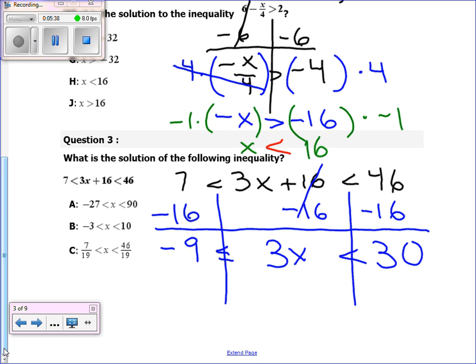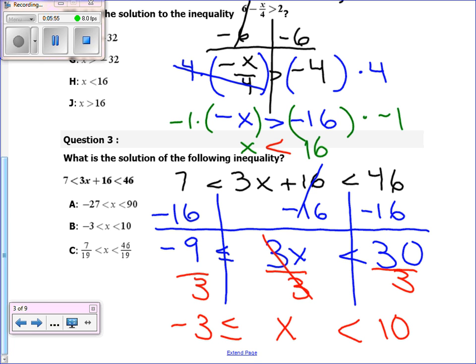Now we're going to divide all of our terms by 3. And our final answer is, well, we're going to have negative 9 divided by 3, which is negative 3. Our 3's cancel. And 30 divided by 3 is 10. So that looks like, yay, choice B is our answer.